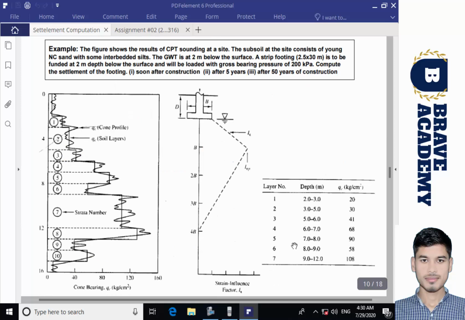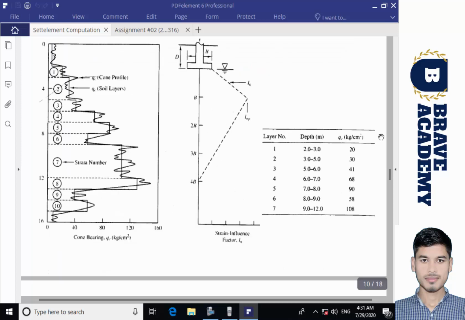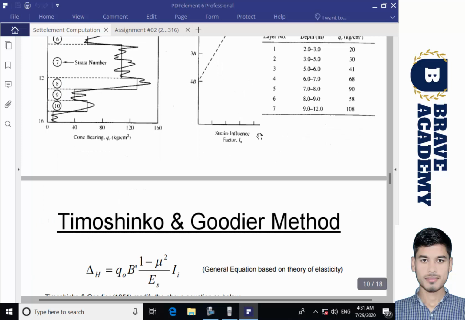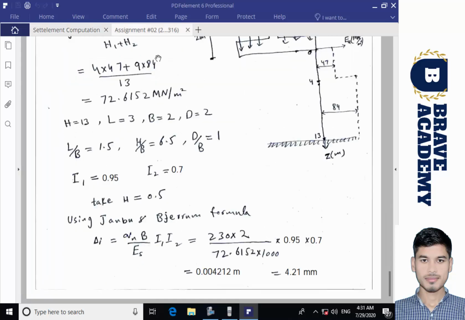Then you will give only the number of layers from 2 to 7. The distance will be 5 meter. But in our case there is a stiff footing, so we go up to the depth 4b, that is 10 meter, from 2 to 12. This is given to us. Now we will solve this. Let's solve.